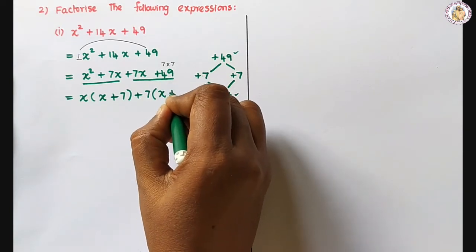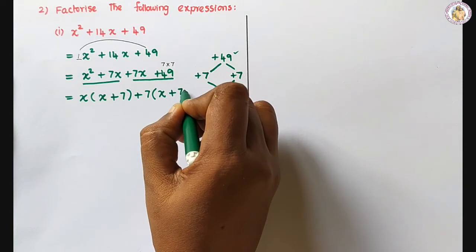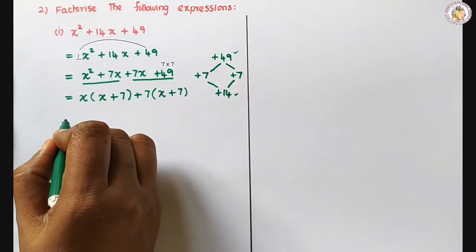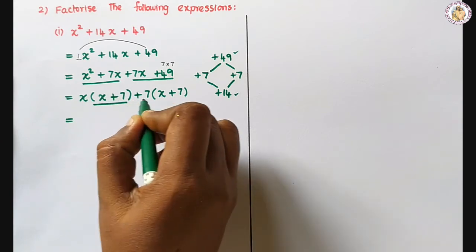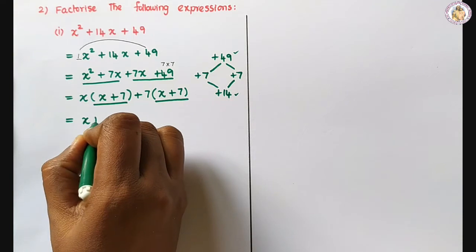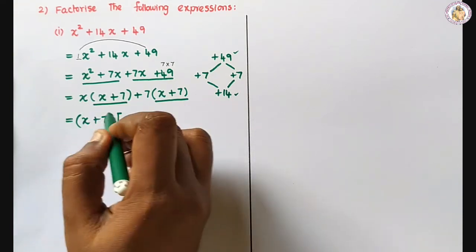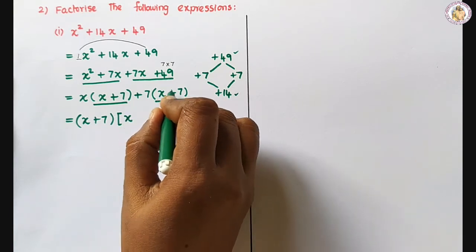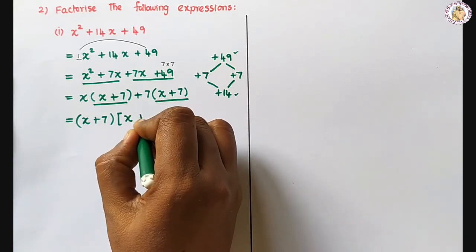X plus 1, 7 is taken out and 1 is remaining here. Now in these terms x plus 7 is common. So taken out, what is the remaining? X. And here x plus 7 is taken out, remaining plus 7.